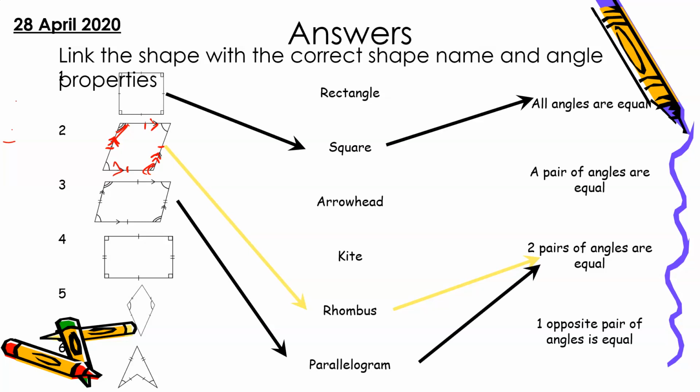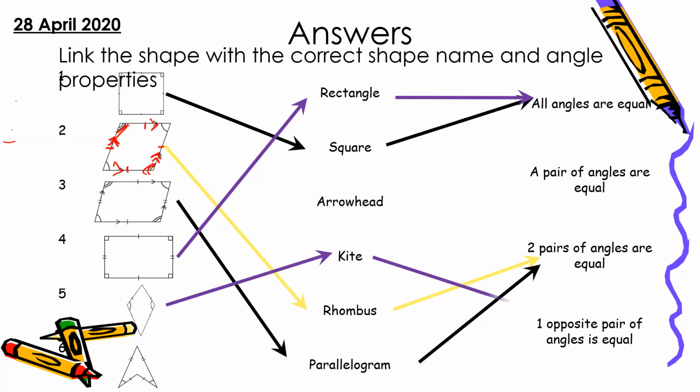So two pairs of angles are the same. This one's a rectangle. All the angles are equal, so in other words, 90 degrees. Our kite, okay, the opposite pair of angles are the same. And the last one is our arrowhead, where a pair of angles are equal.